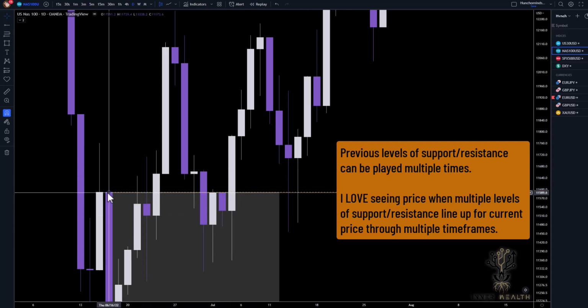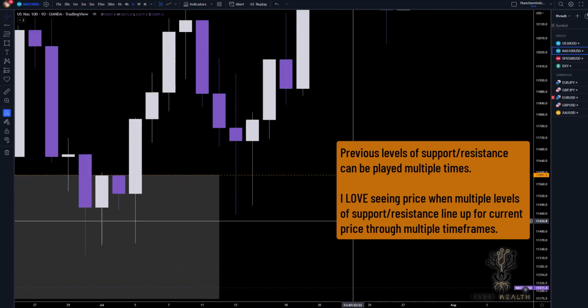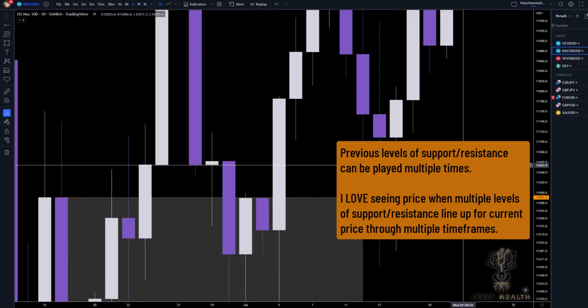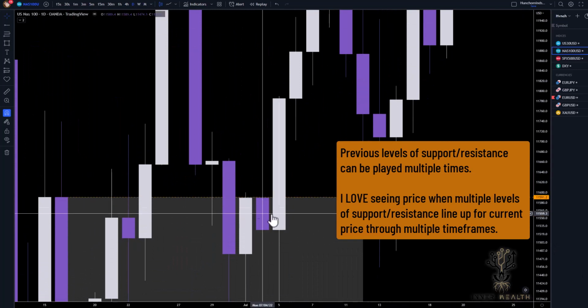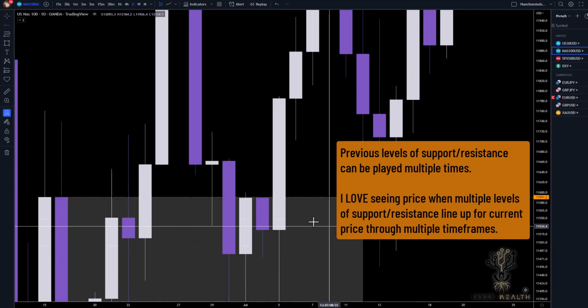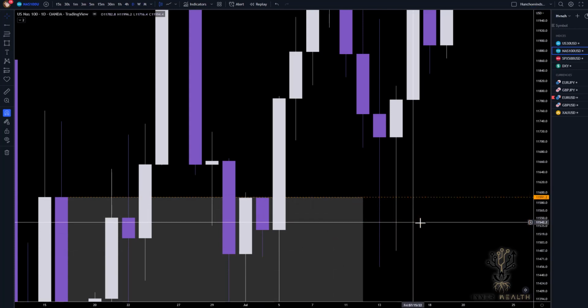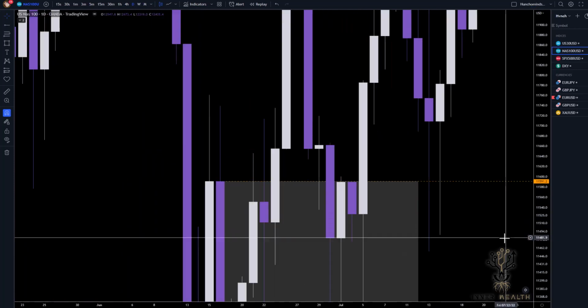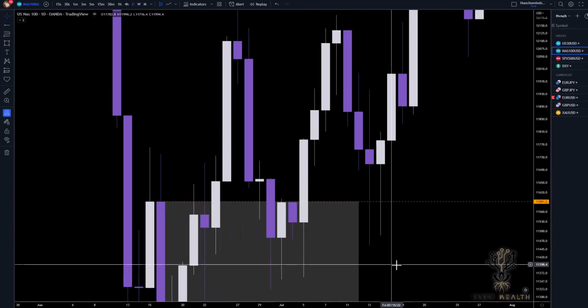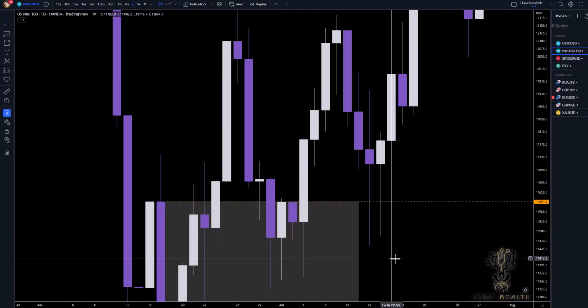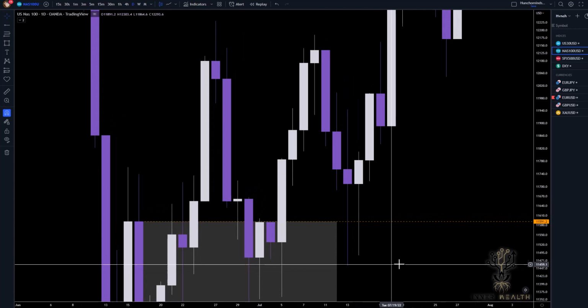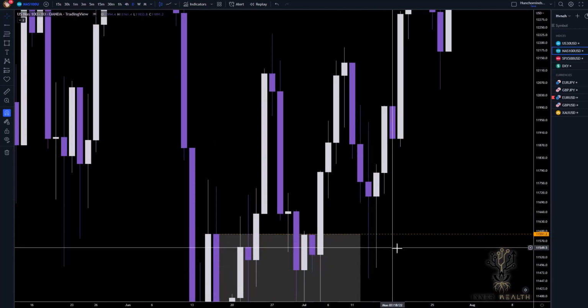It comes back to that level of resistance, now support. The previous area of support is lining up with our newfound support, which would be this candle right here. So that's confluence. That's when multiple confirmations line up at the same level, supporting the same bias for bullishness.